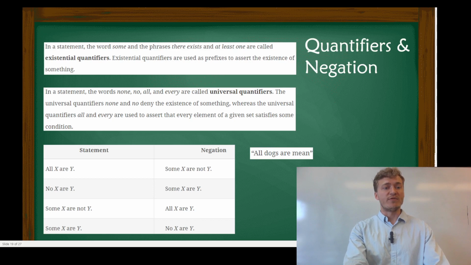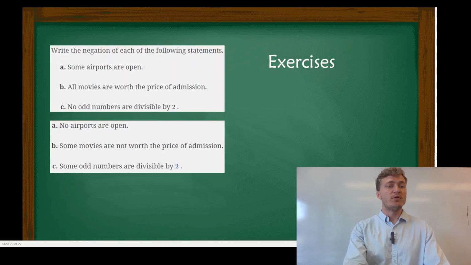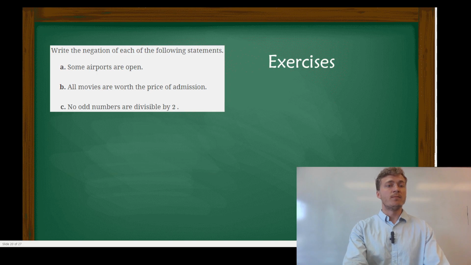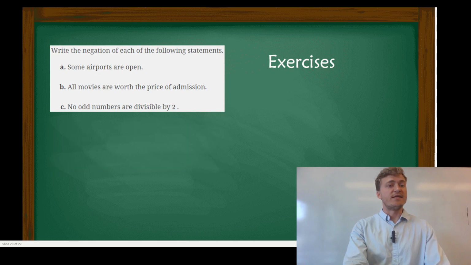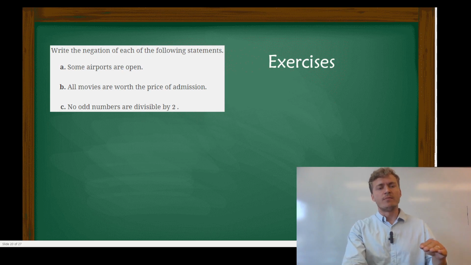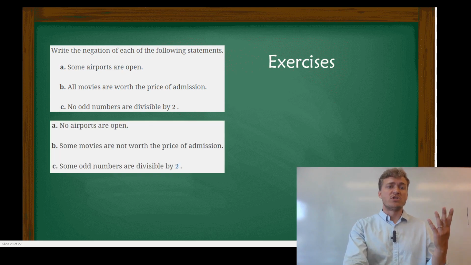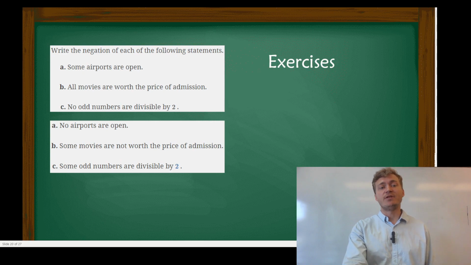We can go back to our previous example: some X are Y, no X are Y. All movies are worth the price of admission. Some movies aren't worth the price of admission. Lastly, no odd numbers are divisible by 2. None of them? Well, some of them may be. That's the negation there.